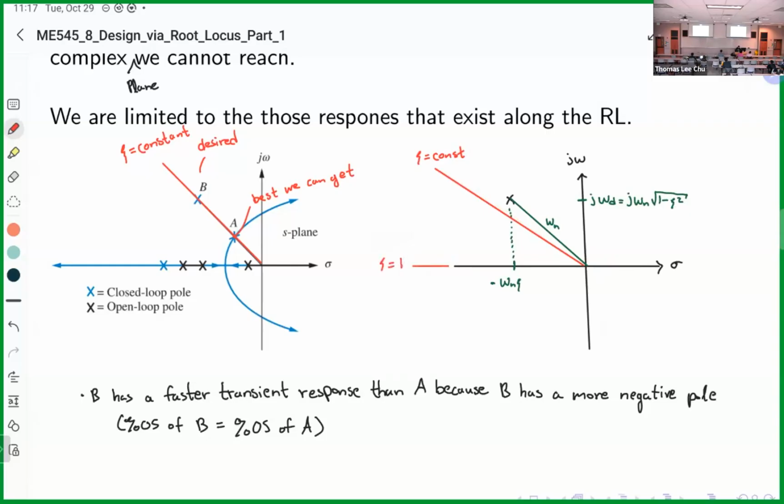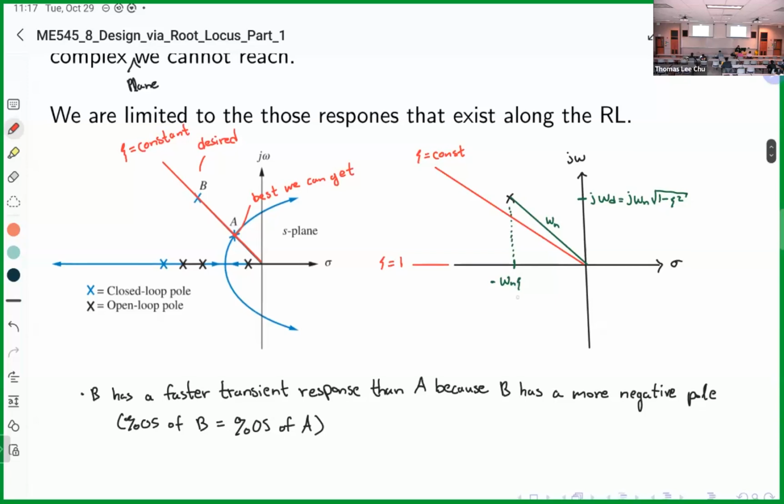The reason is that there's no imaginary component, so 1 minus 1 becomes 0, and then we only have pure decay here. As we go down here, zeta increases. We draw these straight lines, and that's the constant line for damping ratio.